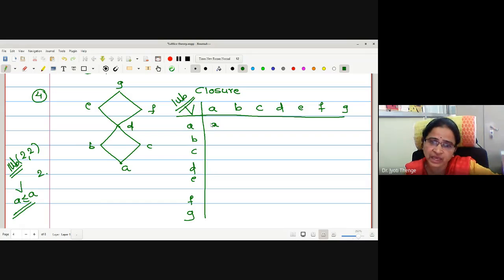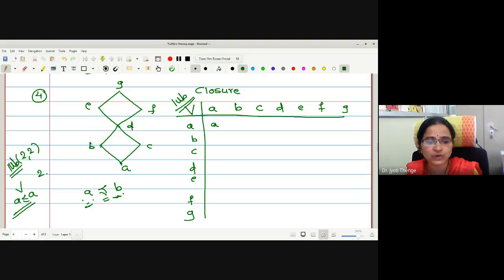Now what is A join B? Now look at the sketch. Between A and B there is one line showing that B is the immediate successor of A. If I write the partial order relation A less than or equal to B, then what will be the least upper bound among the two?